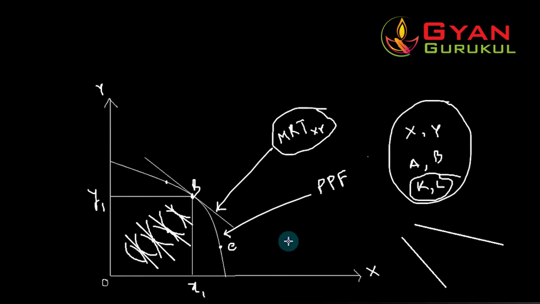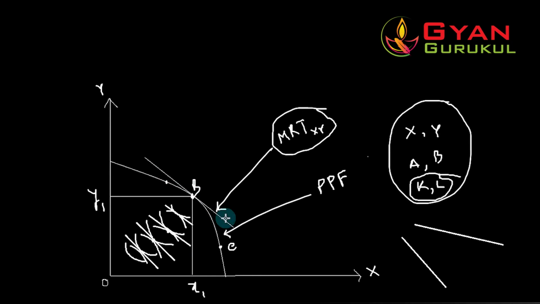Now see what we have to do. We have to find that particular point of tangency of the indifference curves of consumer A and B where the slope of tangency, the straight line passing through that point, is exactly parallel to this curve here.